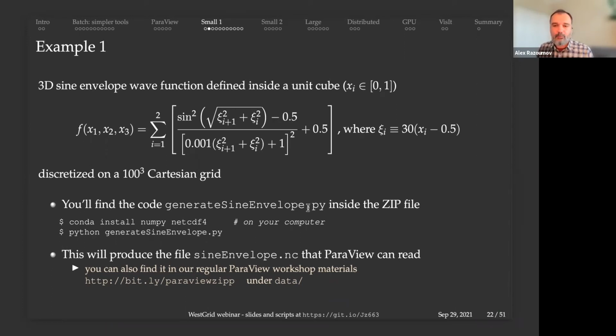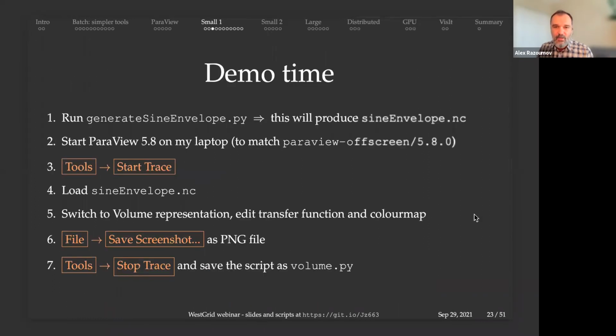It's a Python code to generate these data sets. If you have Python and a NetCDF library installed, then you can easily generate the data set. If not, then you can also find this NetCDF data set inside the zip file at this link, under the data directory.